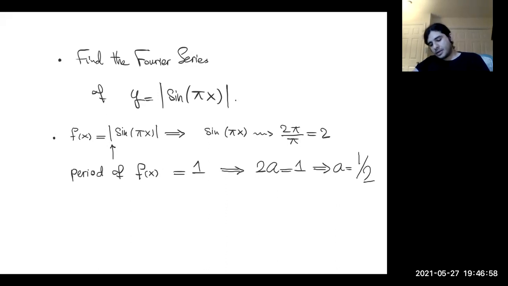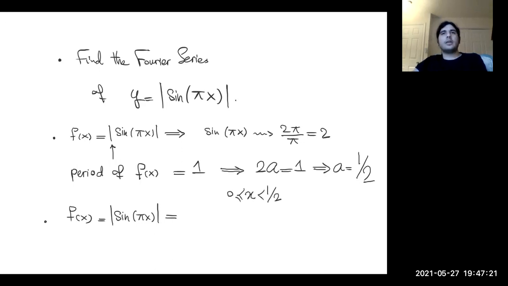This function, the absolute value of sine of pi x, is positive when x is between 0 and 1 over 2, sine goes from 0 to sine of pi over 2, which is 1.